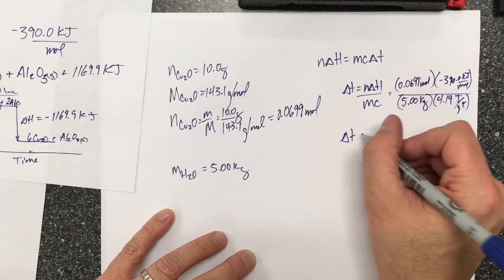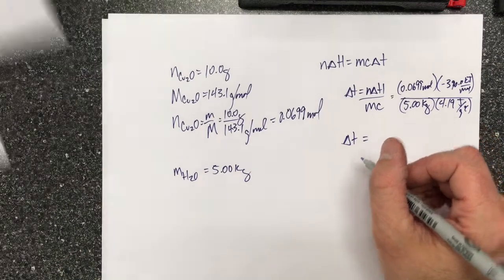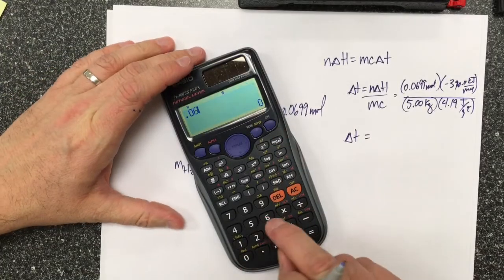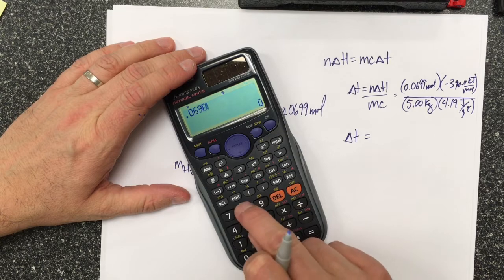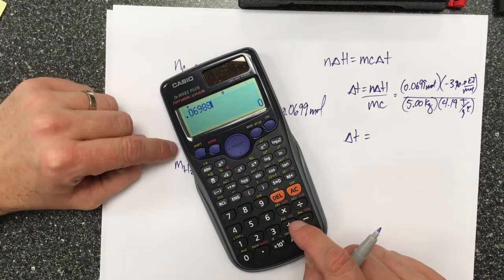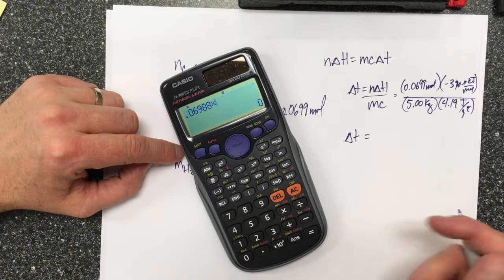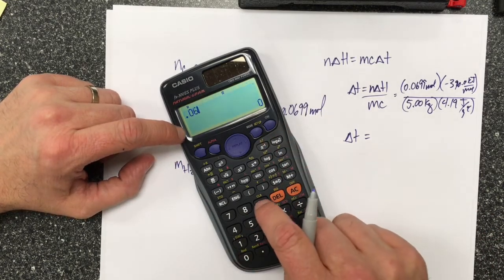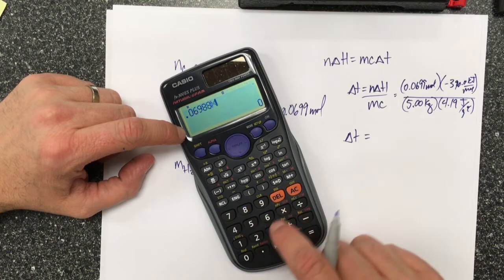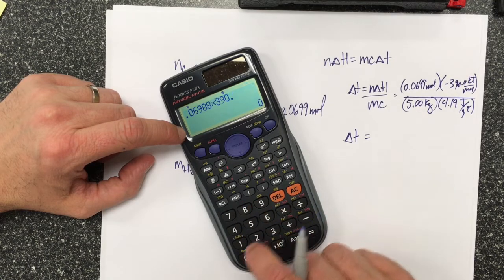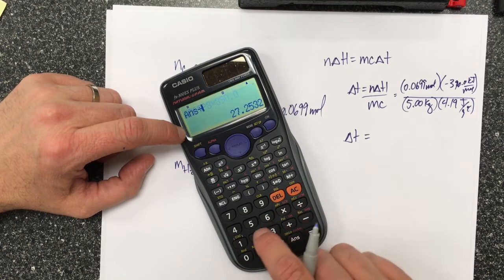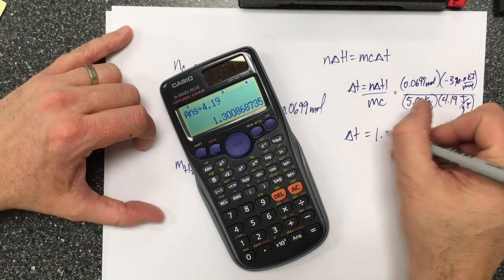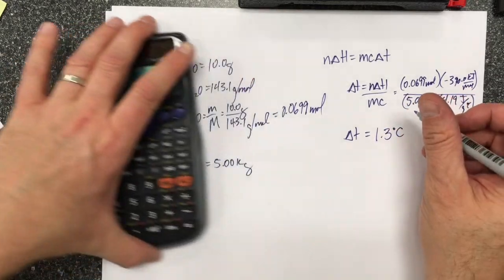Let's put that into a calculator. 0.06988 actually is what it was when I calculated its mass; I rounded off for you, so times 390.0, and then divided by 5 and divided by 4.19, I get 1.3 degrees Celsius as the temperature change.